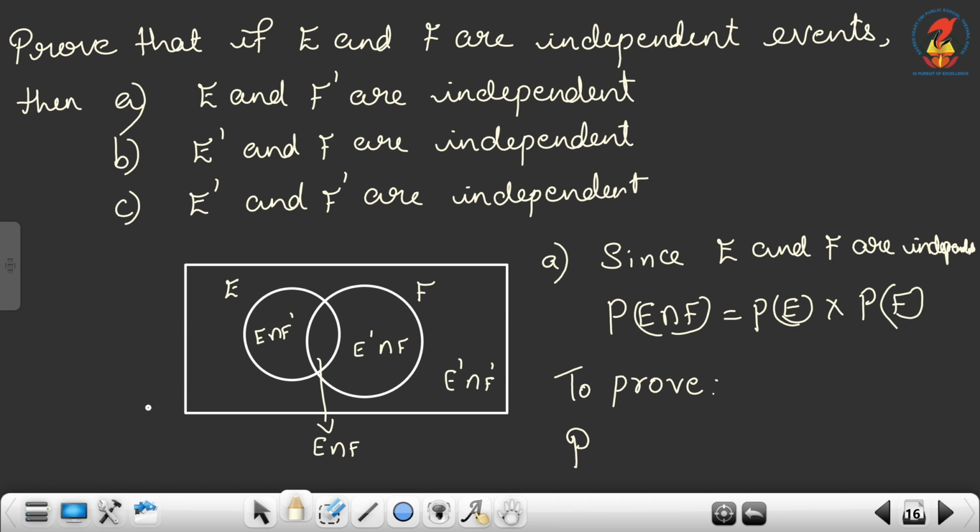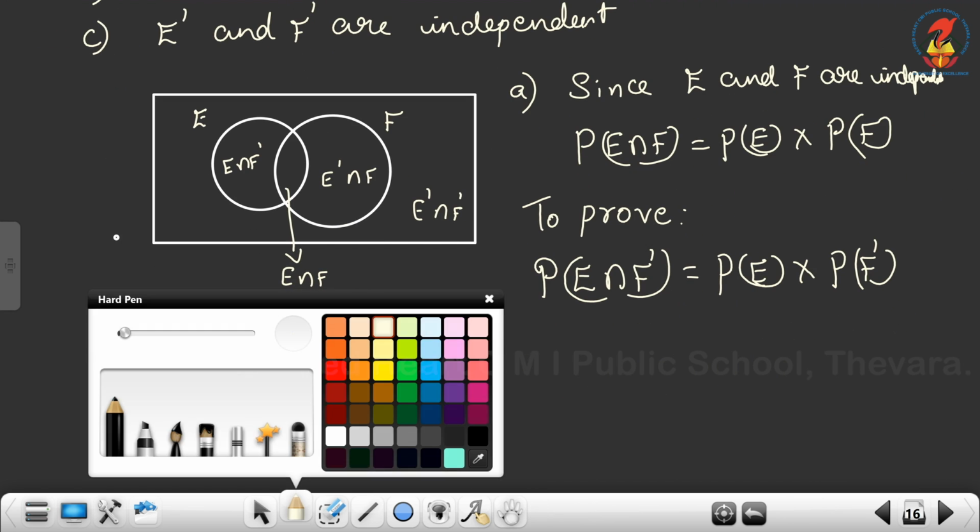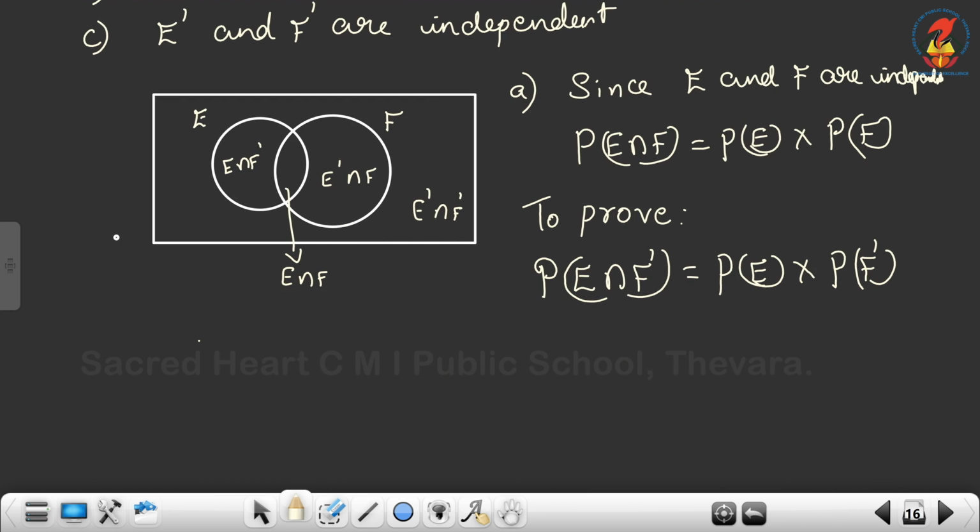E and F dash are independent means we have to prove P of E intersection F dash is equal to P of E into P of F dash. For that we can use this figure. From this figure, look at this circle E. It is a union of E intersection F dash and E intersection F, isn't it? When we take the union of this portion and this common portion, we get E.